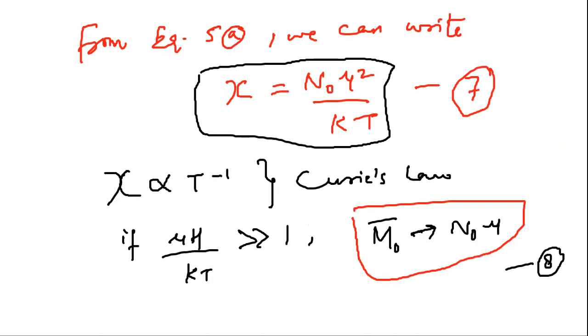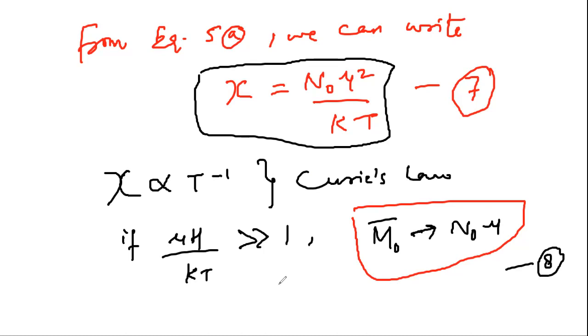So in this case, when mu H by kT is much larger than 1, magnetization approaches N naught mu. In this limit, this magnetization becomes independent of H and equal to the maximum or saturation magnetization of the substance.